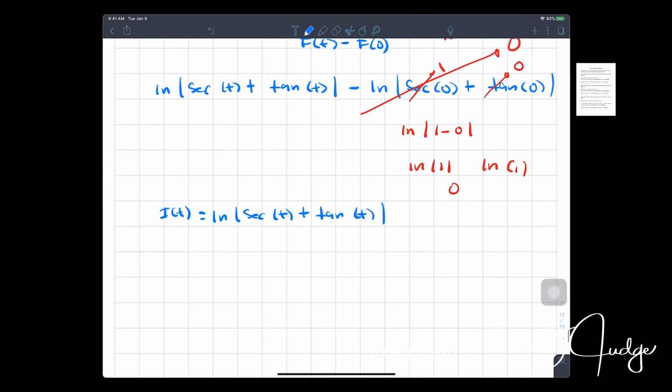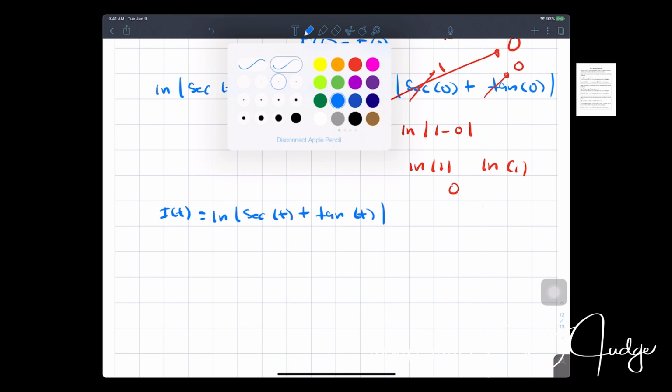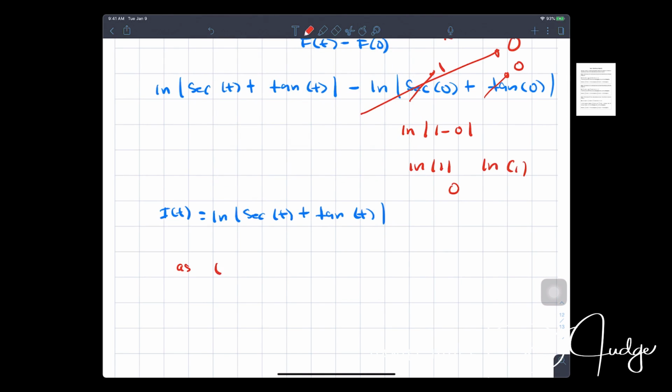So as t goes to pi over 2 from the left, where does I of t go?